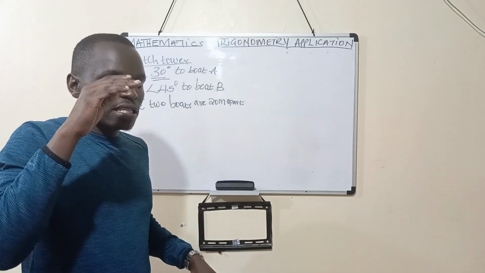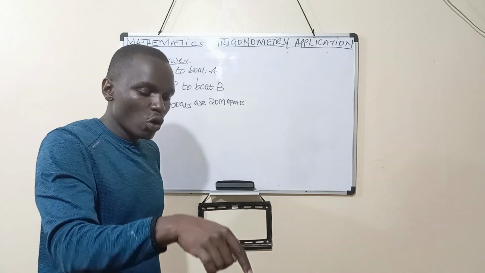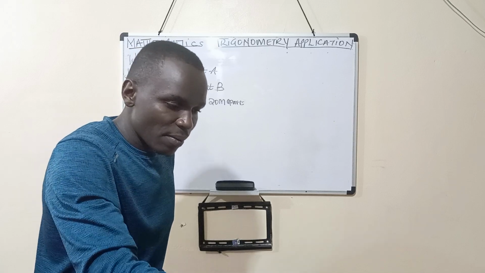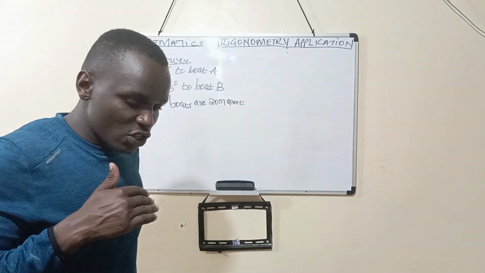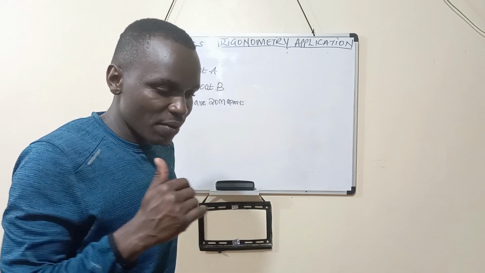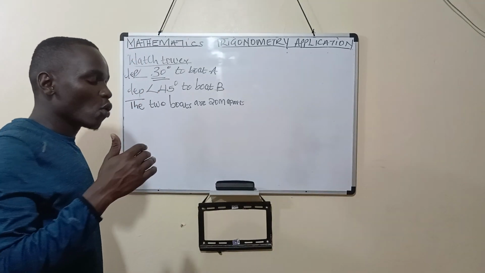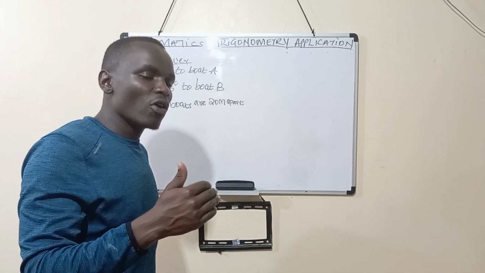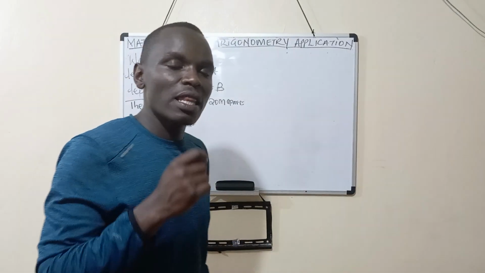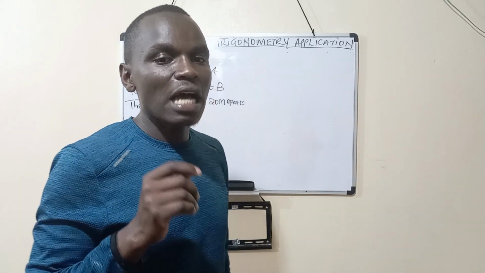From a watchtower, there is an angle of depression from boat A, then boat B. There is an angle of 30 degrees to boat A, and there is an angle of 45 degrees to boat B. Then we are told that boat A and boat B are 20 meters apart.